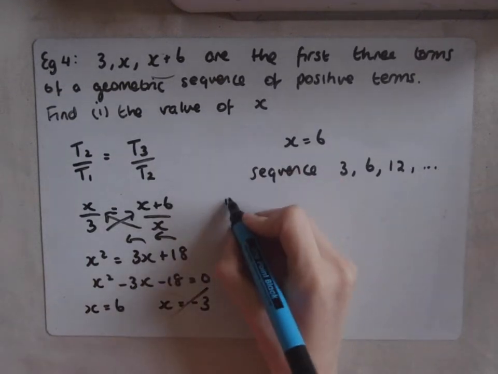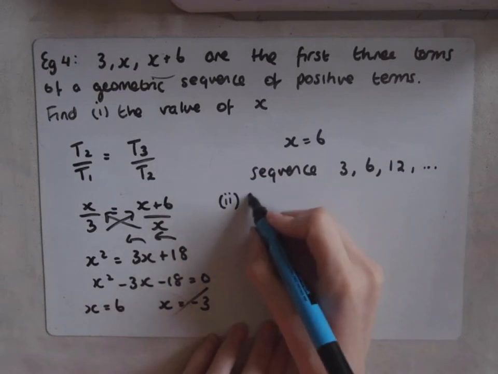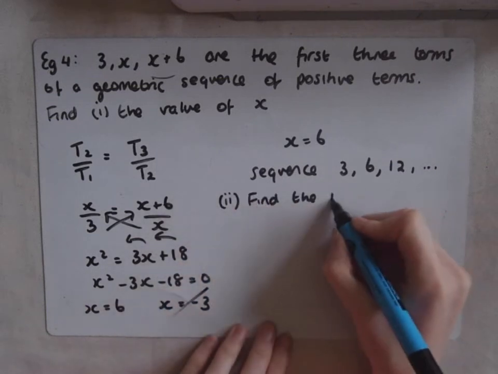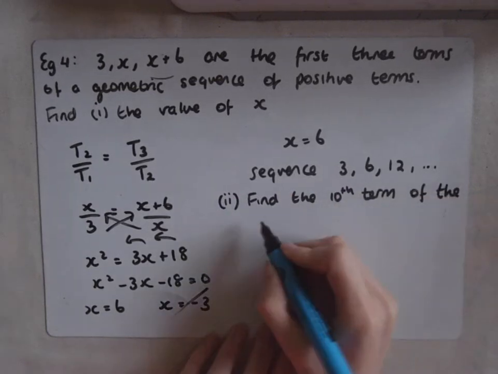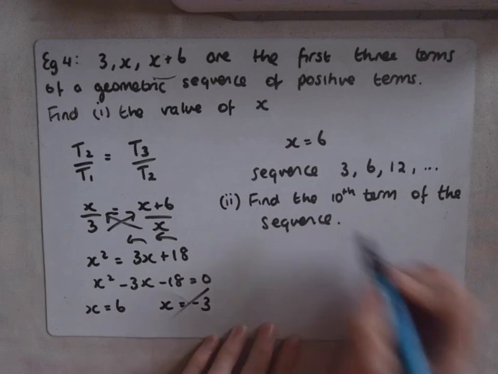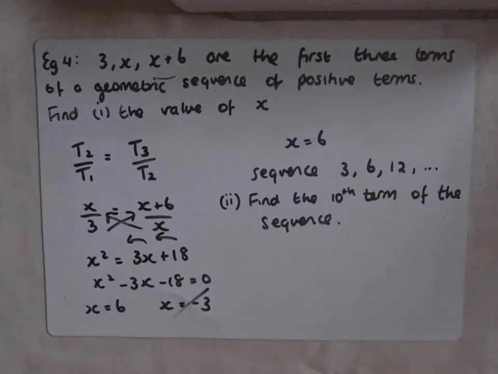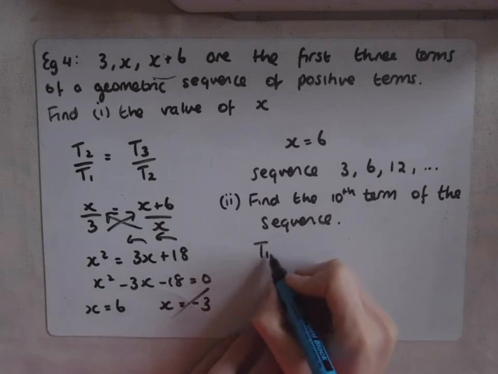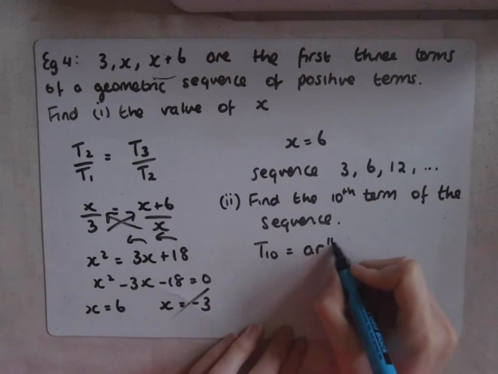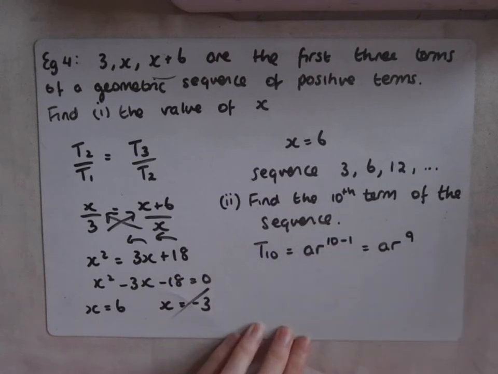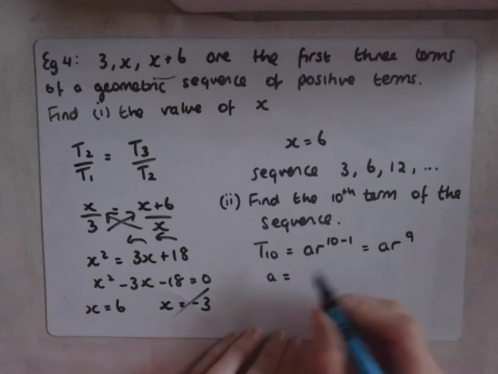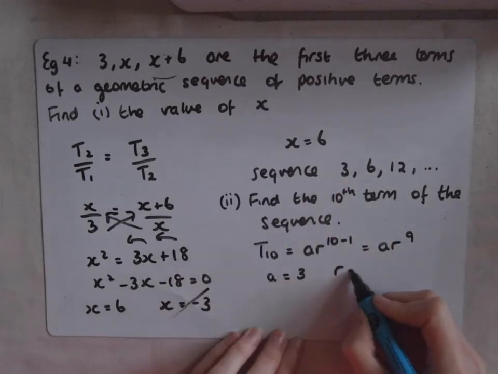Okay, part 2 of that is: find the 10th term of the sequence. So to find the 10th term, you're doing ar to the power of 10 minus 1, which is ar to the power of 9. a is your first term, which is 3, and r is your common ratio.